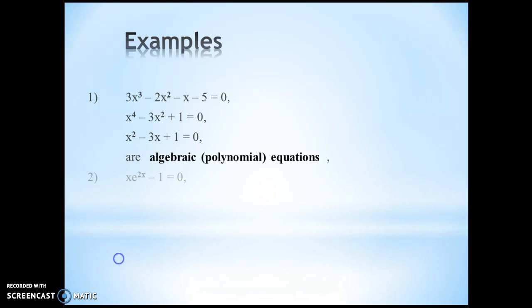Some more examples: x e^x - 1 = 0, cos x - x e^x = 0, tan x = x. These are transcendental equations because they contain polynomial as well as exponential and trigonometric functions.